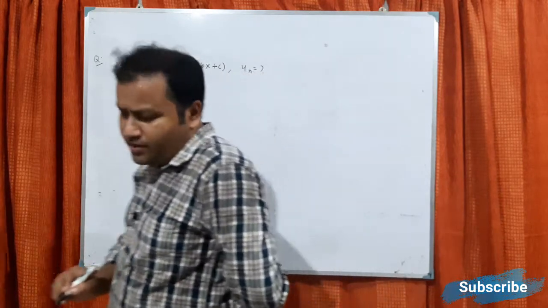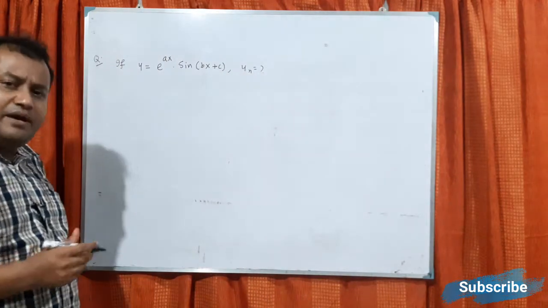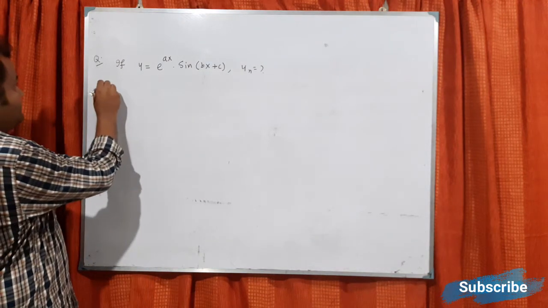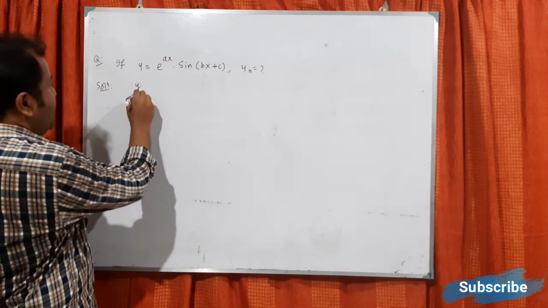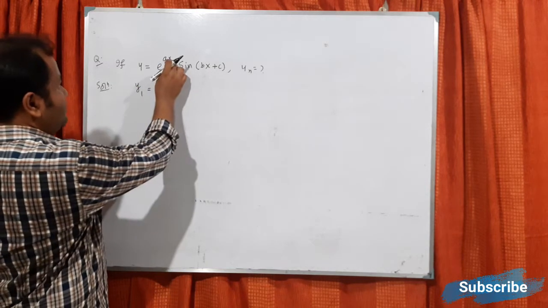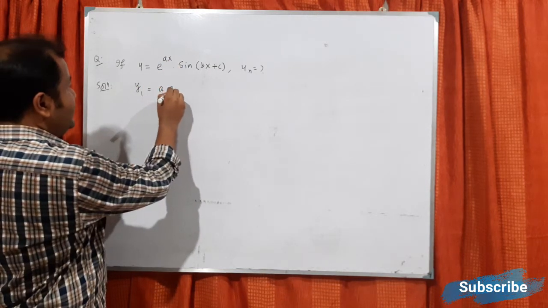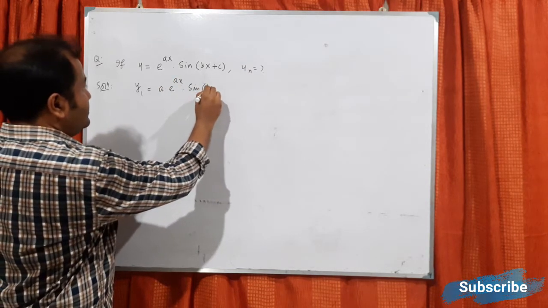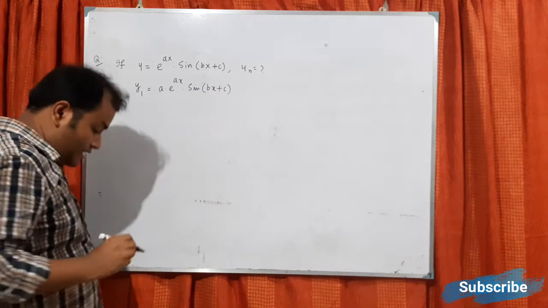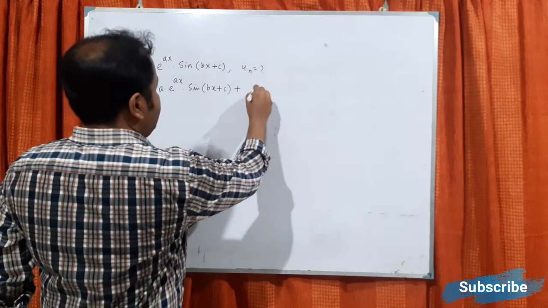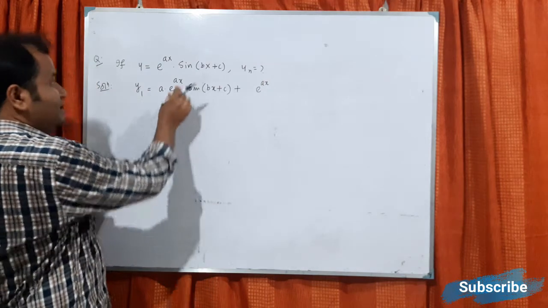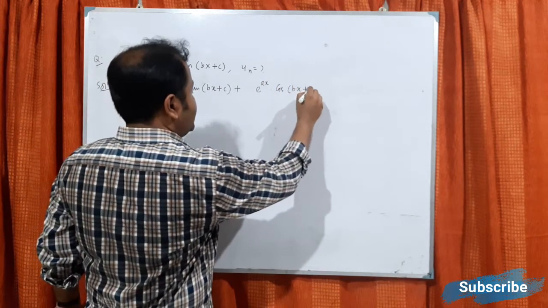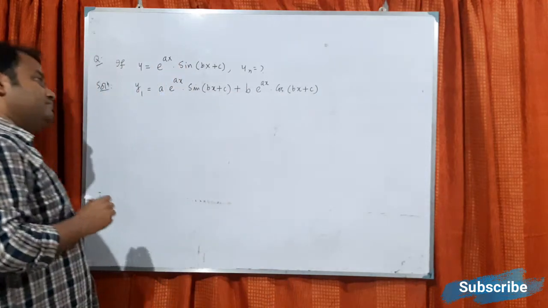Again, without any worry, let us do the first two to three steps and see whether we get some pattern or not. If I do y1, the first derivative, we get a e to the power ax sine of bx plus c, plus e to the power ax times the derivative of sine, which is cos of bx plus c, and b will be there.